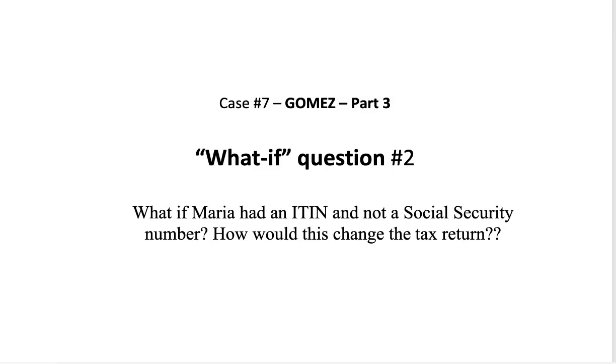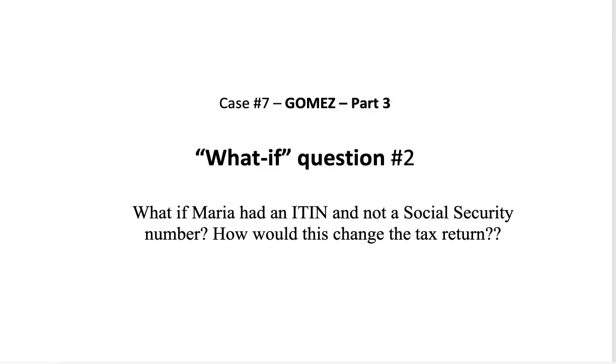So the quick answer is the tax return for the Gomezes would have looked exactly the same as far as the numbers if Maria had an ITIN, except that for the third EIP payment, you had to have a Social Security number to get it.